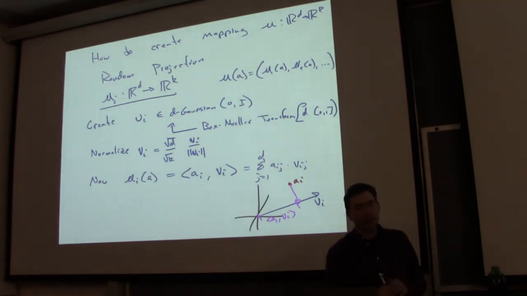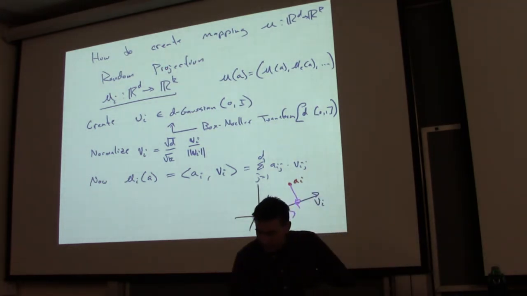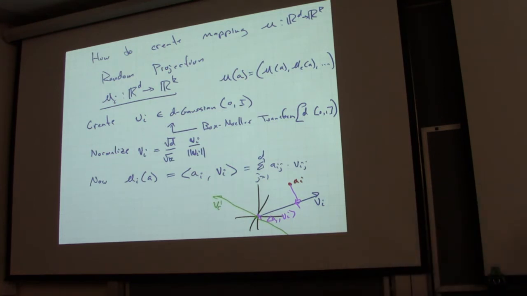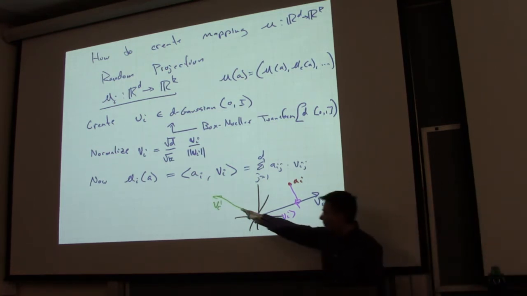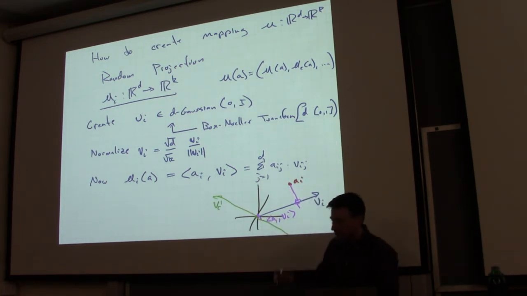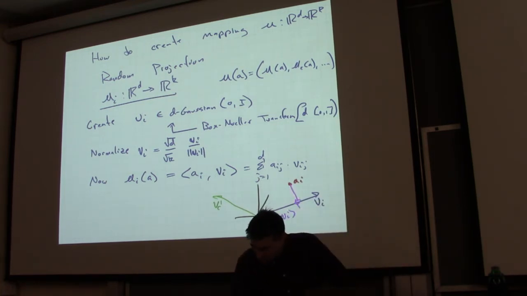No, it's not always going to be in the first quadrant. If I drew, I could have chosen the vector to be like this. This could have been Vi prime. And now if I project, the projection looks like this.